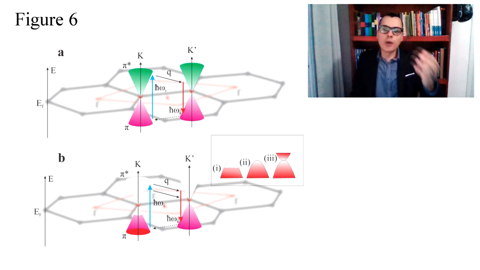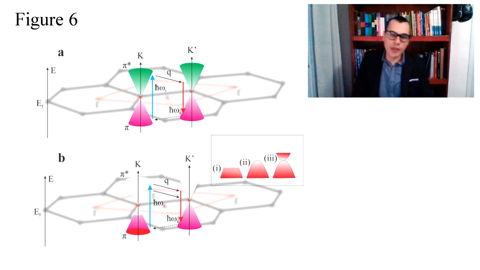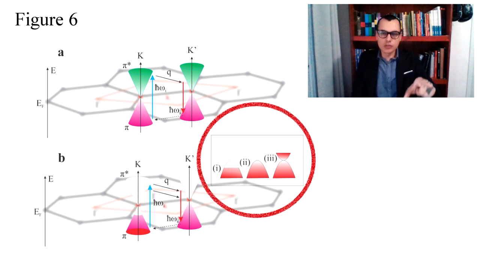The energy of the output photon is changed because of this, therefore changing the Raman shift of the D band, or Raman spectra. The inset of this figure shows three possibilities of this case.